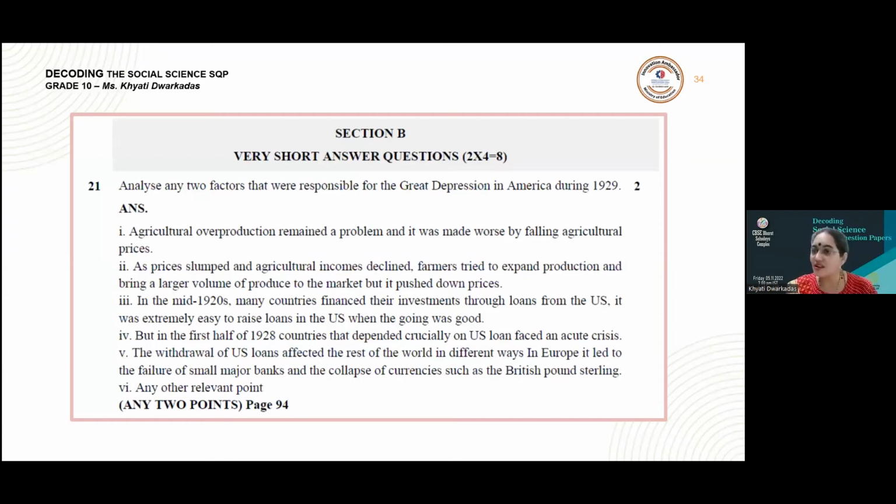So the question says analyze. Where is the scope for expanding and analyzing? There is no scope to analyze. The students now, when they write those 2 points to make it 40 words, have to articulate themselves in writing.